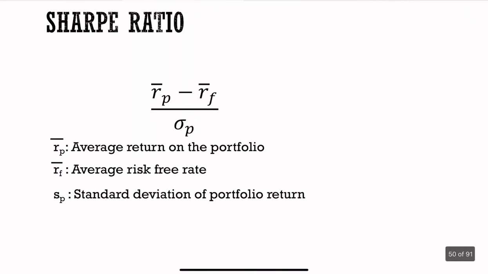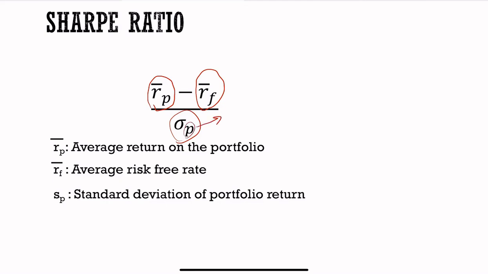Okay, well, Sharpe ratio. We have learned about this in corporate finance, and I think I may have defined Sharpe ratio in this class in previous lectures. Sharpe ratio is calculated as the average return of portfolio P minus the average risk-free rate divided by the standard deviation of the portfolio's return.